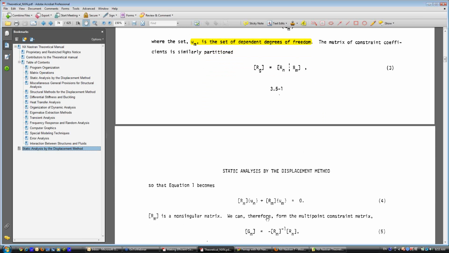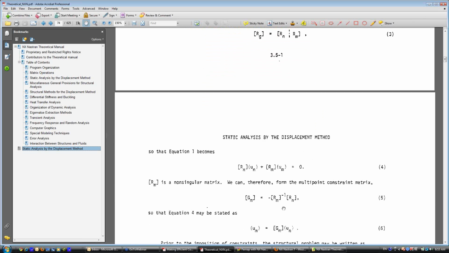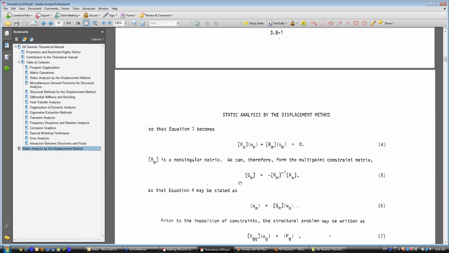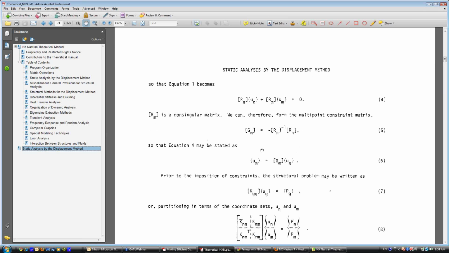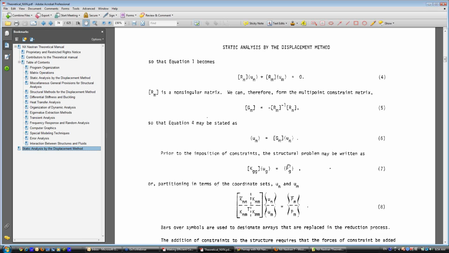It's saying, okay, we can take the coefficients, we can take displacement, set that equal to 0. We can write up this singular matrix GM in the form of that in the masters. Now we can write these dependent degrees of freedom in the form of this matrix times the independent degrees of freedom.